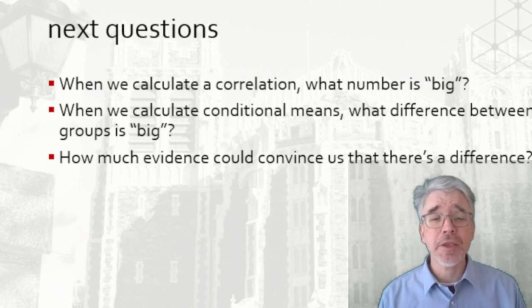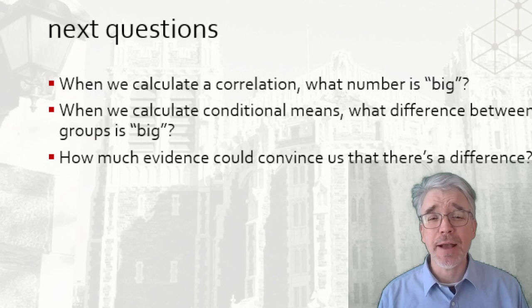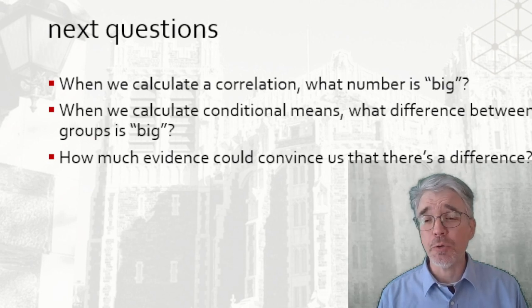When we calculate conditional means or find differences between groups, what difference is big? What amount of evidence would convince us there's a difference? In any research question, we get a variety of answers. We try to separate out the signal from the noise. We need to think about randomness. In other perceptual problems, what we call noise or blur.